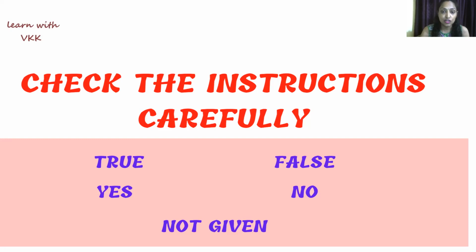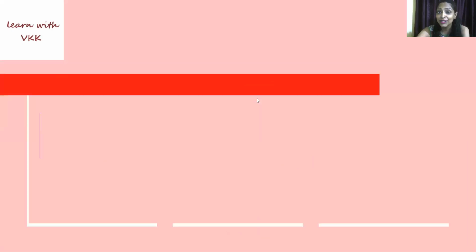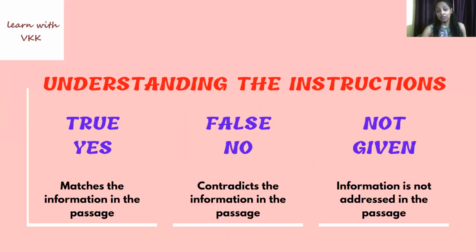So please ensure that you are not one of those who ignore the instructions and jump to the question directly. Instructions are really important. Number two, after knowing how you need to write the answer, it's important to know what you need to answer. So first understand what these instructions indicate.